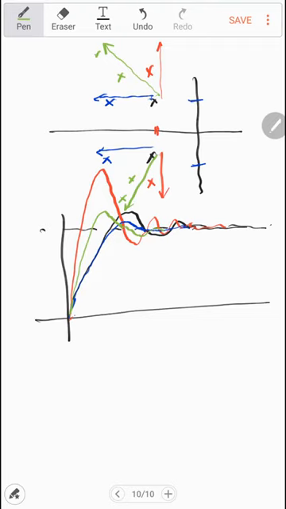You see the overshoot compared to this black response, represented with the black color, in the green color, they have the same overshoot. The overshoot remains the same, but the rise time increases. Also the settling time will increase.